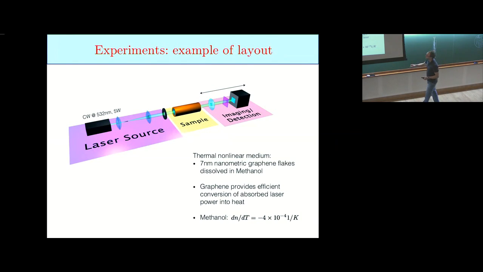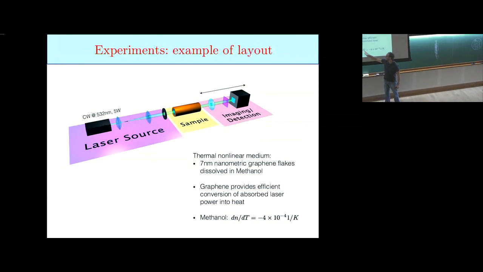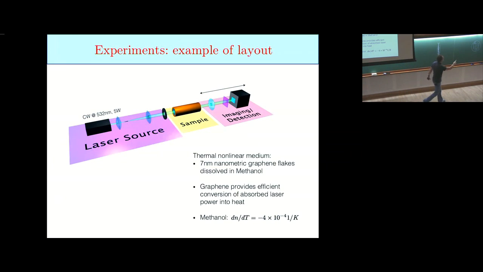All materials have a refractive index that depends on temperature. They have a thermo-optic coefficient. You need to be careful about the material. A lot of materials, for example most glasses, have a positive thermo-optic coefficient. So if that's the profile of my beam, the delta N will do something like this.